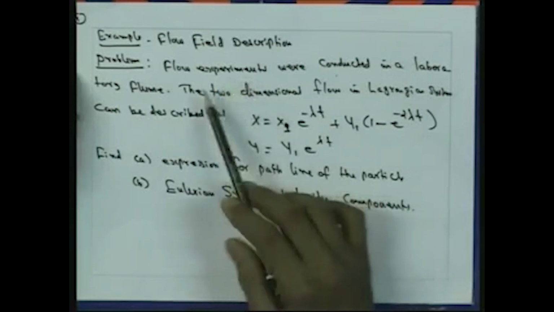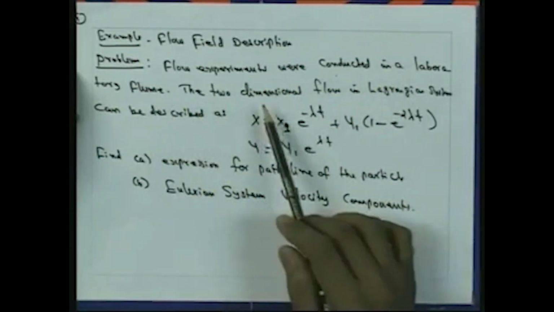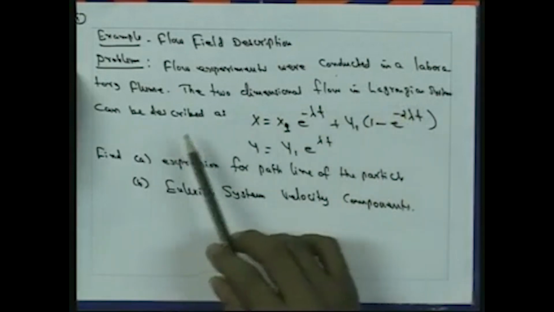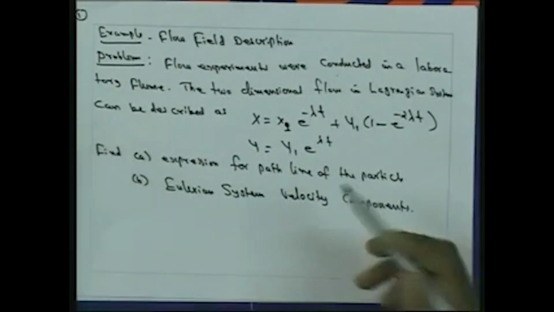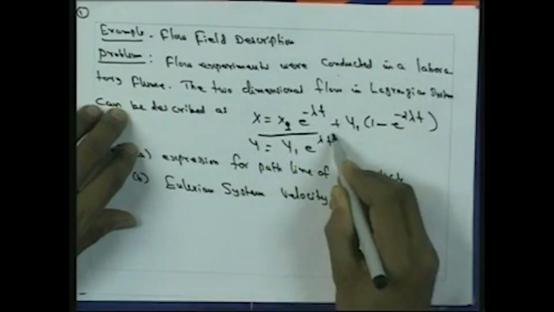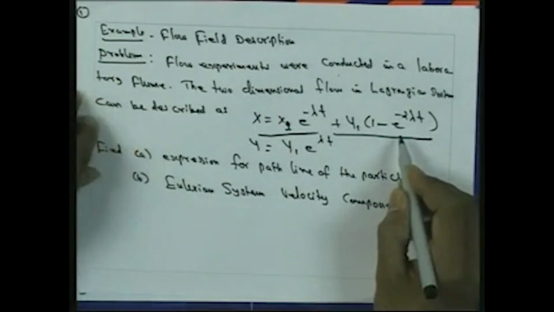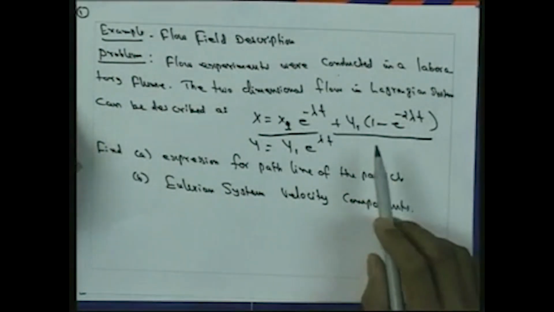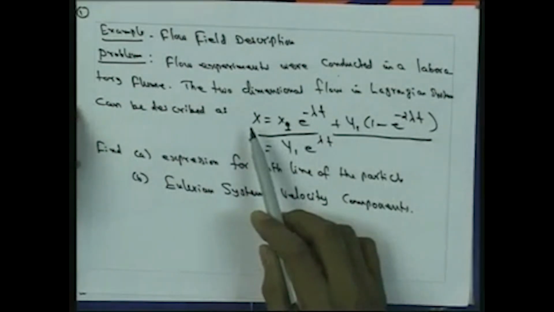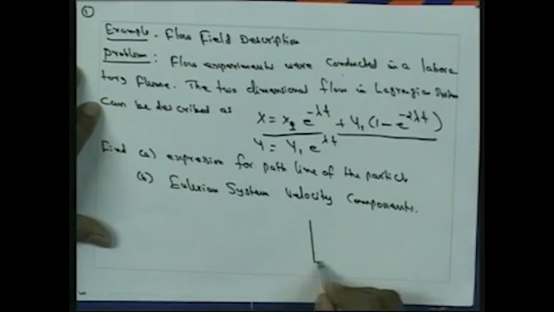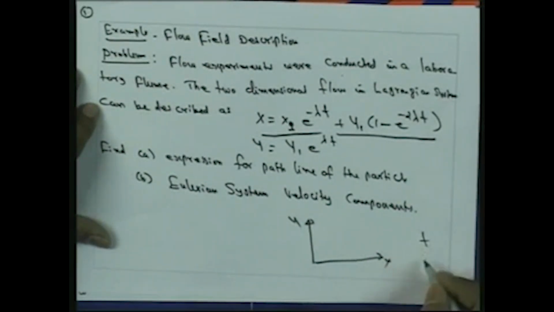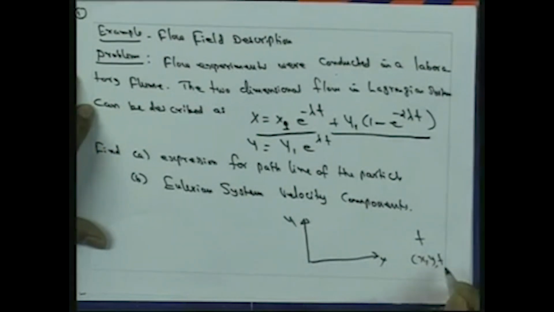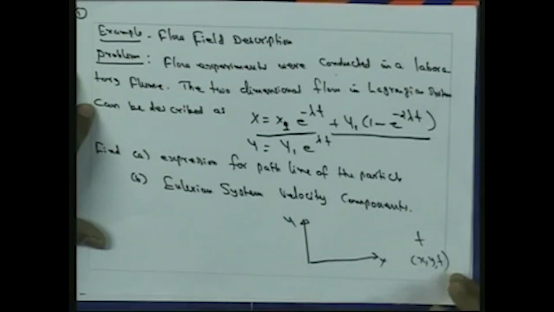In flow experiments conducted in the laboratory, the two-dimensional flow in a Lagrangian system is already obtained as x is equal to x1 into e to the power lambda t, plus y1 into 1 minus e to the power 2 lambda t, where lambda is a constant and t is time, with x along the x-axis, then y, and then time. So this is a two-dimensional problem. The fluid flow properties are changing with respect to space, in the x and y directions, and time t.